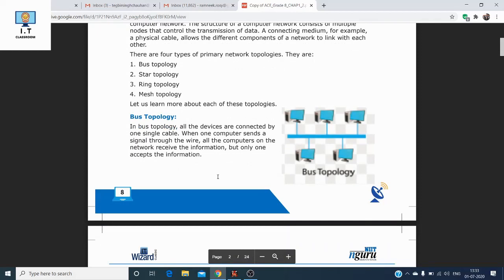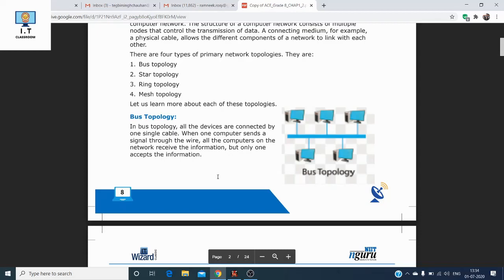First, I am telling you what is bus topology. In a bus topology, all the devices are connected by only a single cable. As you can see in this figure, just one single cable is there, and the other computers are connected to each other with the help of this single cable.